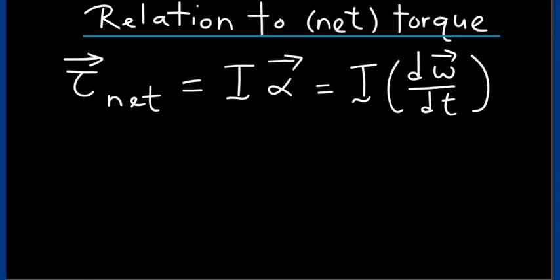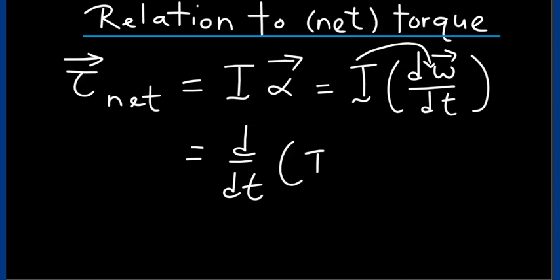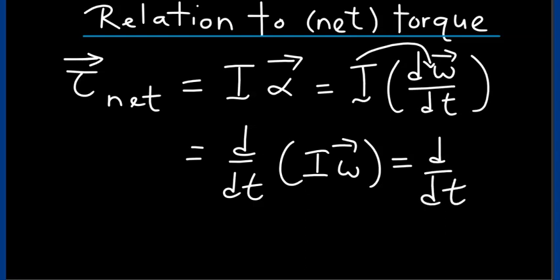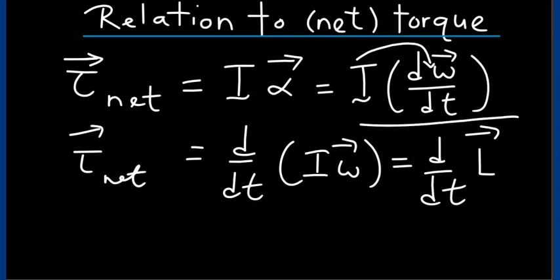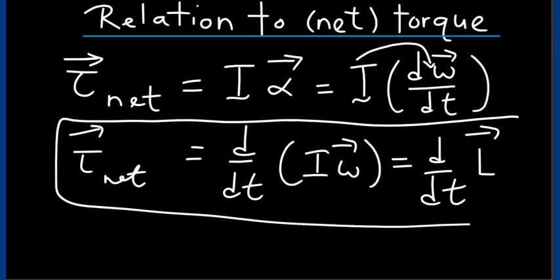Now let's assume that I is constant, so it can be absorbed under the derivative sign, and we get the time rate of change of I omega, which is the time rate of change of angular momentum. So this is how the net torque acting on a system is related to angular momentum of the system. If there is a net torque acting on a system, its angular momentum will change with time.